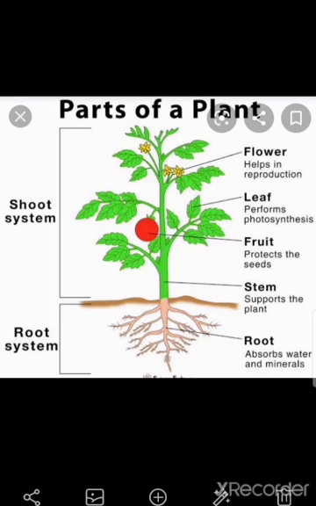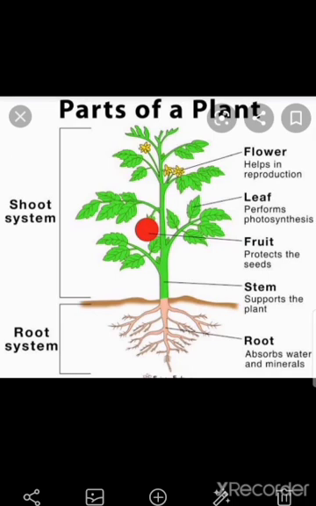The root system is everything growing below the ground, and the shoot system is everything above the soil. First of all, we will discuss the shoot system. In the shoot system, there is the flower, leaf, fruit and stem.